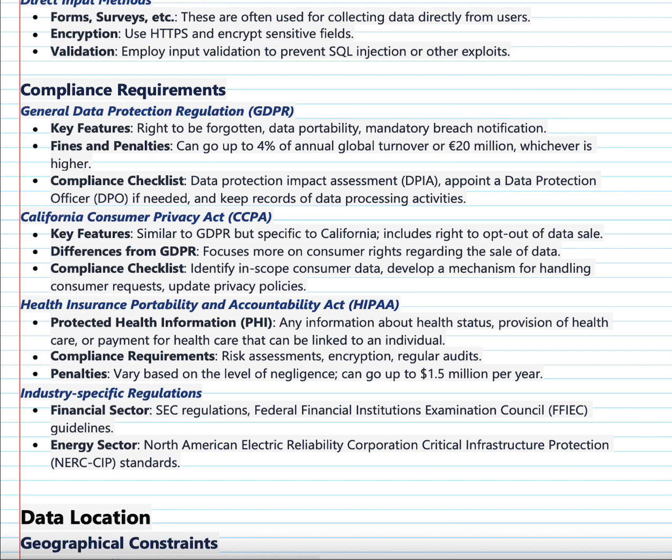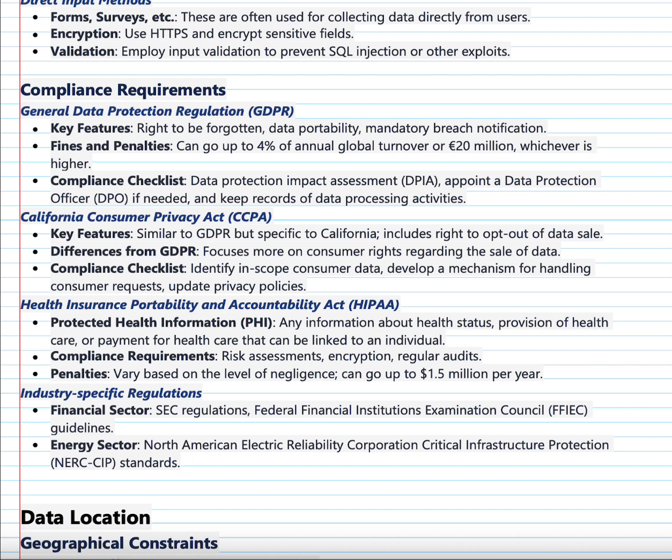Now, it's very based on the level of negligence. So you can have various issues that come up, and based on how badly you were negligent, the fines will be appropriate to that. So just be wary if you are using HIPAA. I'll use an example. My dad deals with insurance. If his data was compromised, each record would be a HIPAA violation.